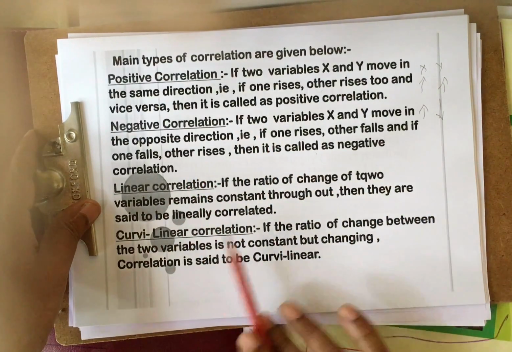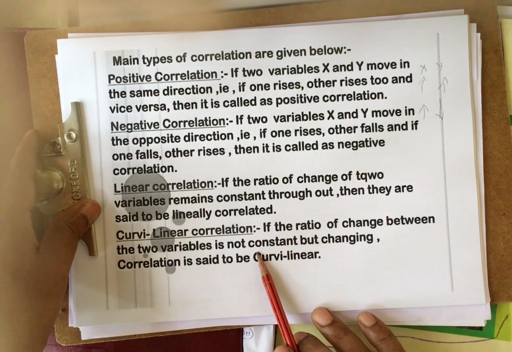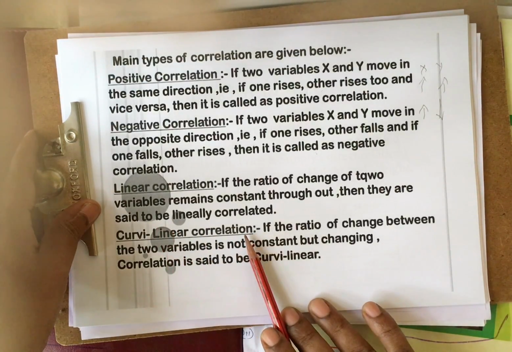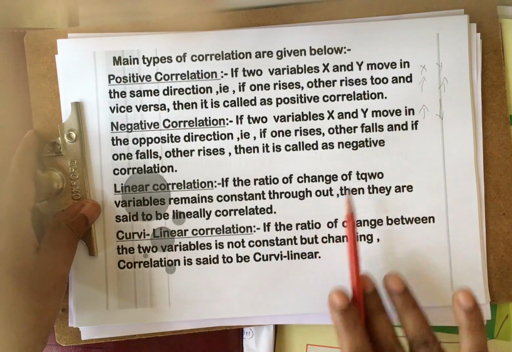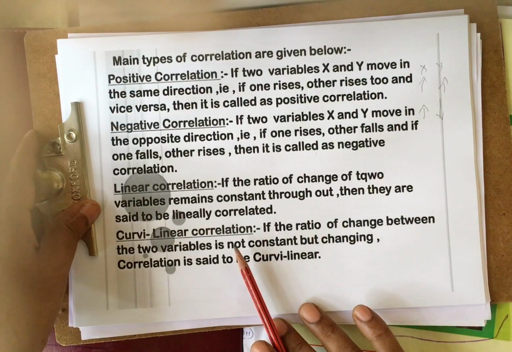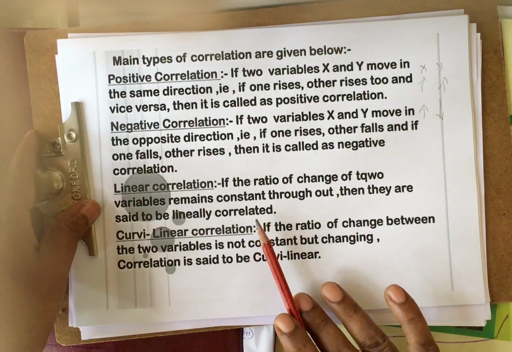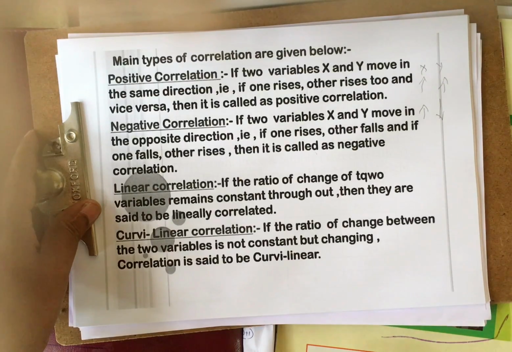Next, coming to the linear correlation and curvilinear correlation. What is a linear correlation? For example, if the x and y two variables are there, the x variable changes in a constant ratio, for example say 5, 10, 15, 20, 25, 30. The y also rises the same way, the proportion is the same.